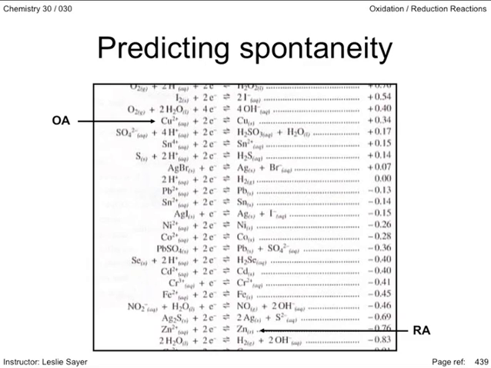If the equation is read from left to right, it is a reduction half reaction. Read from right to left, it is an oxidation half reaction. Zinc in this case is oxidized. It loses 2 electrons. And this is clear in an oxidation half reaction because the 2 electrons lost from the zinc solid are shown as products.